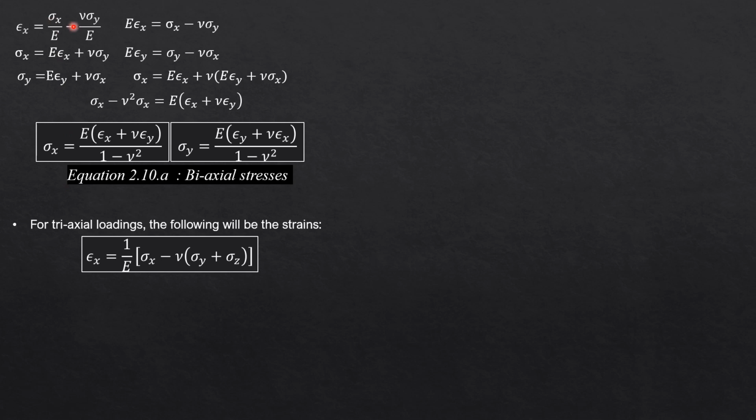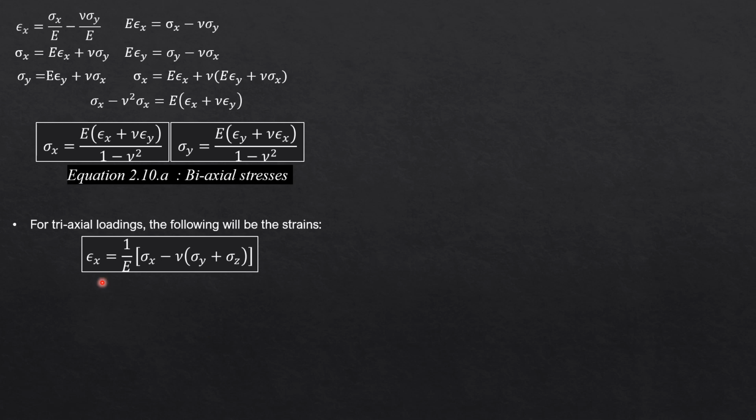This is for biaxial. So if it is triaxial, there is also tensile stress along z. So there will be a third term which will cause the strain along x to contract further. So that's why we have a third term here of minus Poisson's ratio sigma z over E, which if we factor out 1 over E would become this expression here.